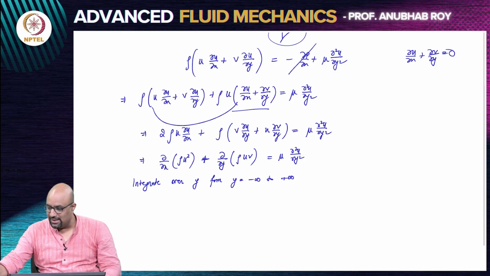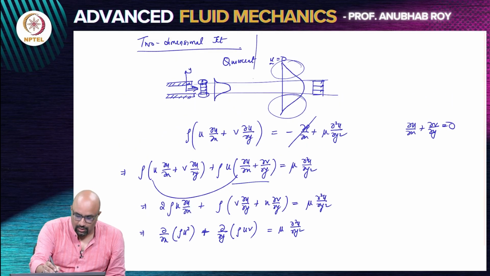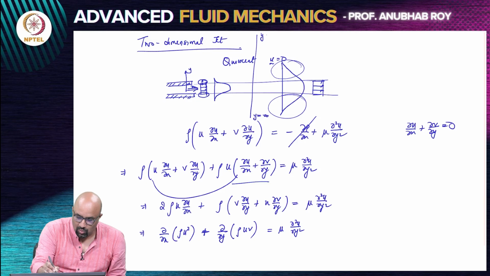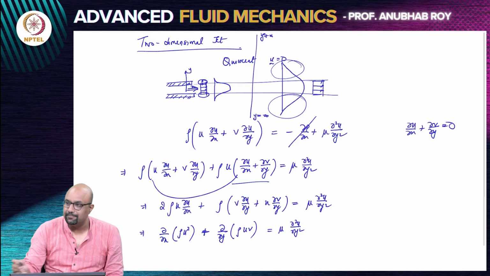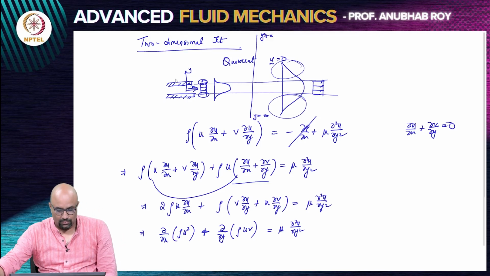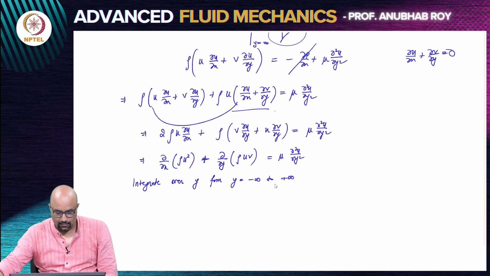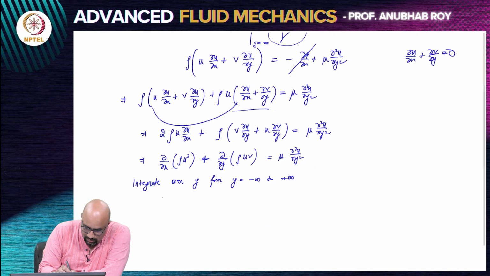So, you take a slice here, at some x location and you integrate from y going from minus infinity to y going to plus infinity. So, minus infinity to plus infinity dou x of rho u square dy.